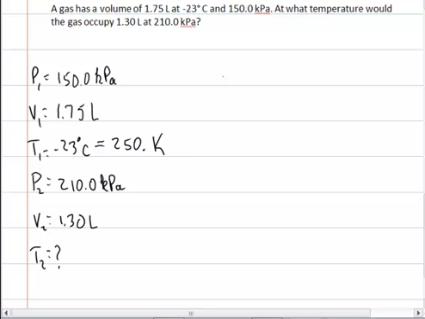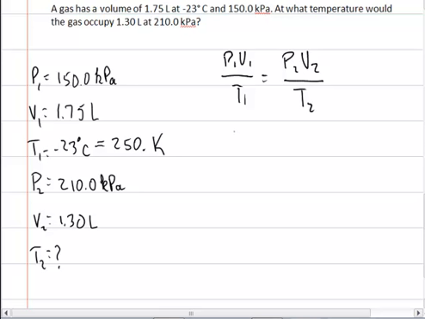Okay, now let's start with our equation. Remember, we have P1 V1 over T1 equals P2 V2 over T2. First of all, we're going to solve this for T2, and so it's actually easier to flip. This is a proportion. You might remember that from math. One fraction is equal to another fraction, and we can turn it any way we want to. So I'm just going to flip everything over.